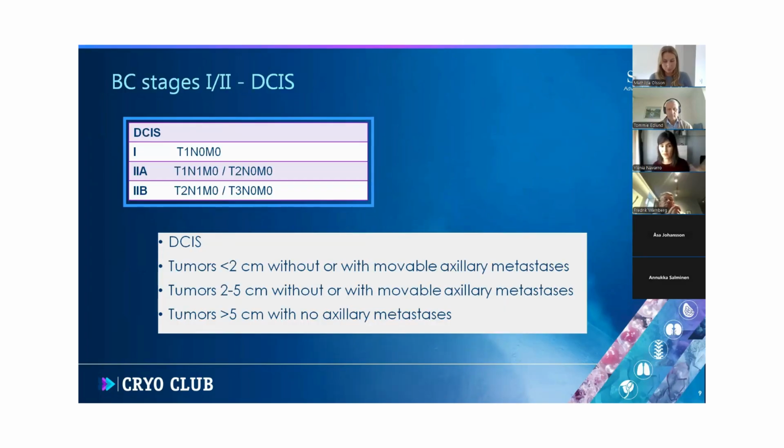If you're not that familiar with breast cancer, stages 1 and 2 are tumors below 5 centimeters without or with movable axillary metastases, and also tumors above 5 centimeters, in this case with no axillary metastases.